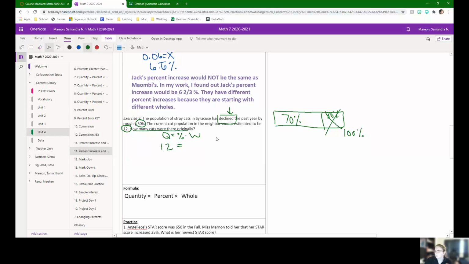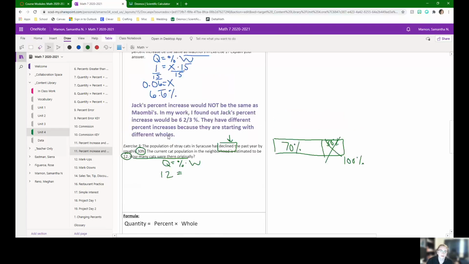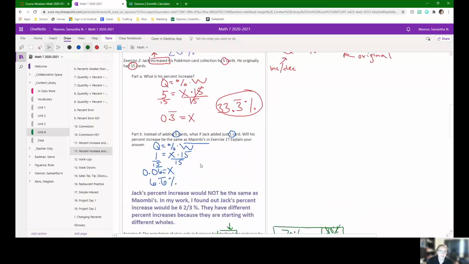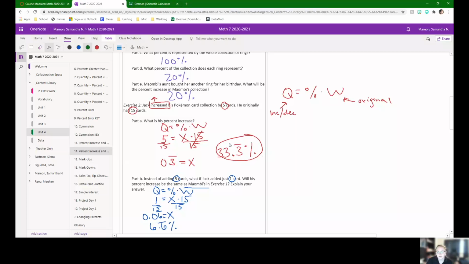So these are going to be the tricky kinds of percent increase and decrease problems, because sometimes they don't give you the value for the quantity that was the increase or decrease. So like here, the increase for Jack's cards when he added 5 was 33.3%. If they told you that it increased by 33.3% and now he has 20 cards, you're going to have to use a different percent.